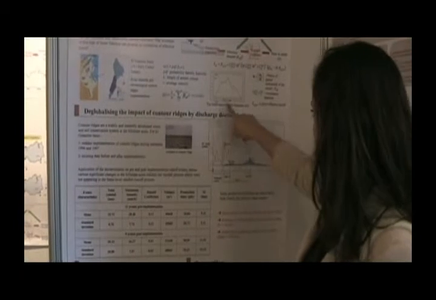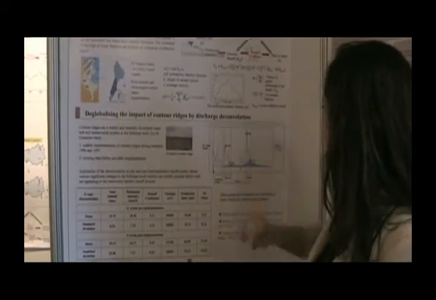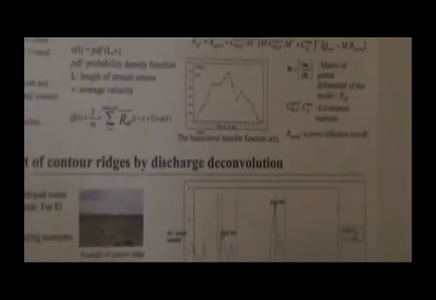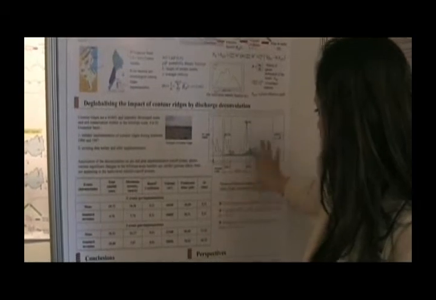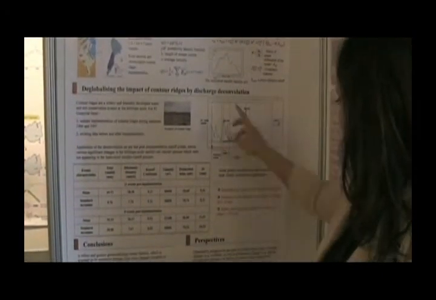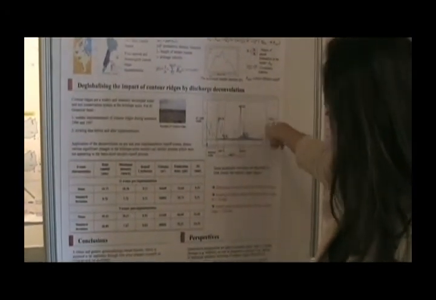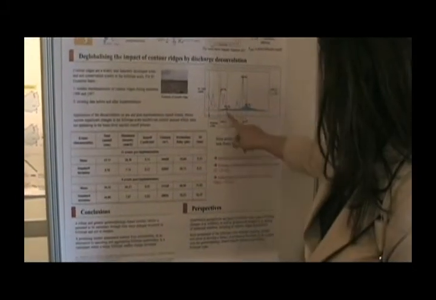The basin transfer function is looking like that, and using this method, we have studied some production indicators that we identify.